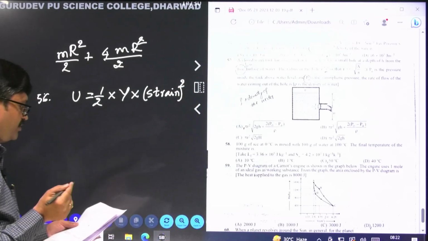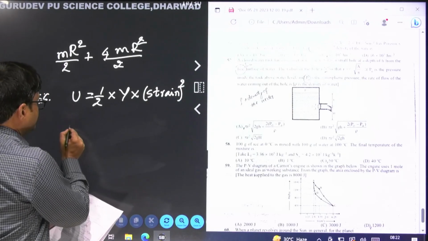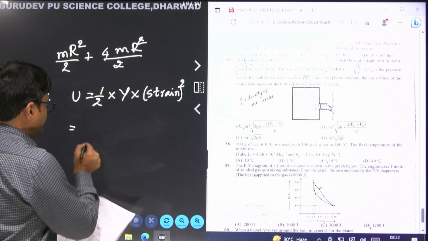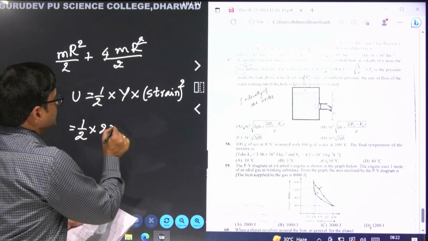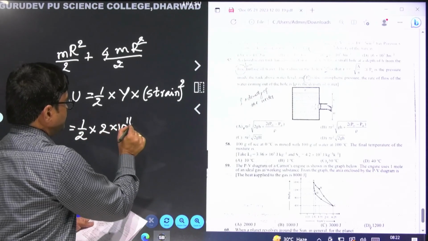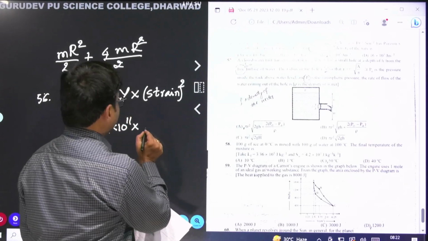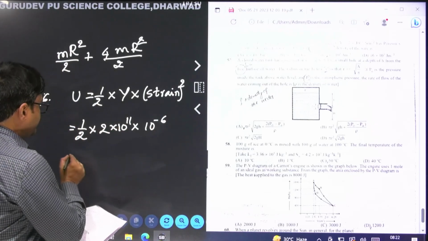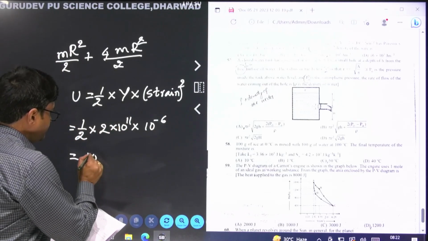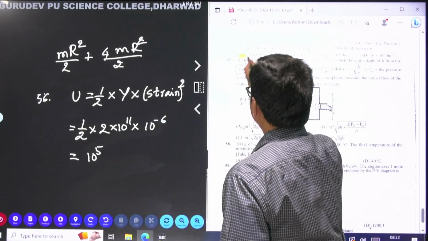Okay, so according to this approach, if you just go ahead and use these values given to us, I can write it as 1 by 2 into 2 into 10 to the power 11 into square of strain, which is 10 to the power minus 6. Okay, we should get the answer as what? 10 to the power 5. So our answer is option A.